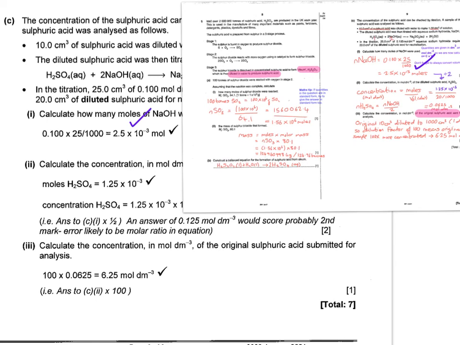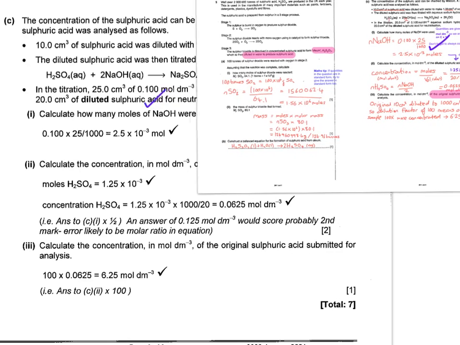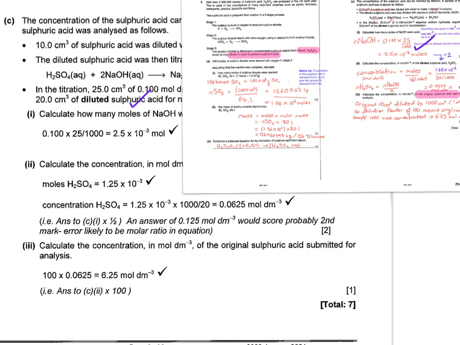We got, I'm going to have to move it slightly. Oops, not like that. Like this. We got 0.0625. And we multiplied that up to make 6.25 there as well.